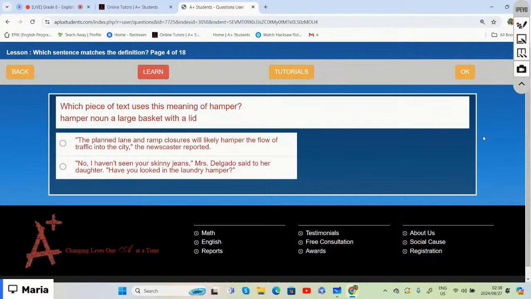Is it option one, the planned lane and ramp closures will likely hamper the flow of traffic into the city, the newscaster reported, or option two, no, I haven't seen your skinny jeans, Mrs. Delgado said to her daughter, have you looked in the laundry hamper?